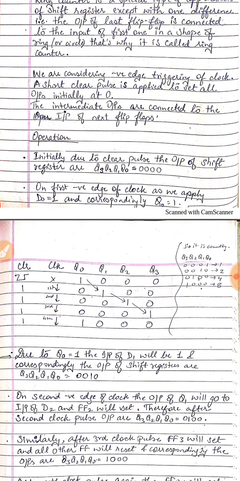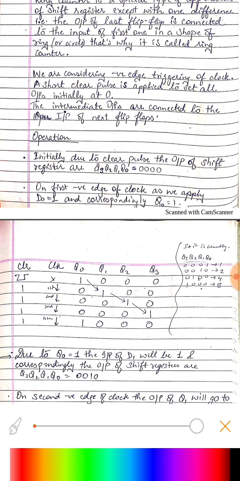Initially, let 0 be stored in all the flip-flops of the shift register. That is, initially we have 0 0 0 0. On the first negative edge of the clock, as we apply D0 equal to 1, Q0 will become 1, as we are using the D flip-flop and the data will be equal to the output in a D flip-flop.